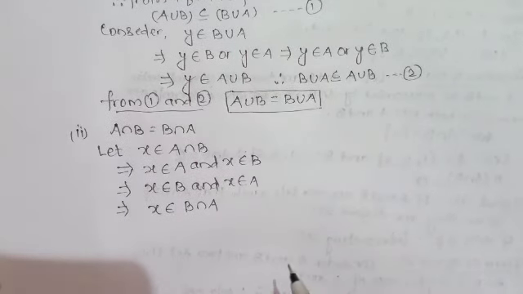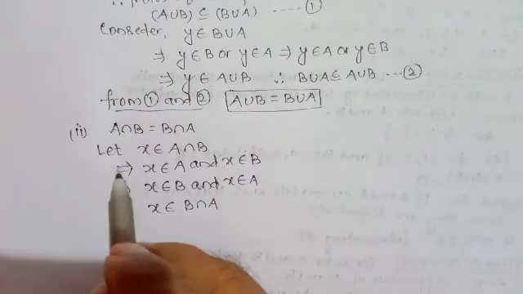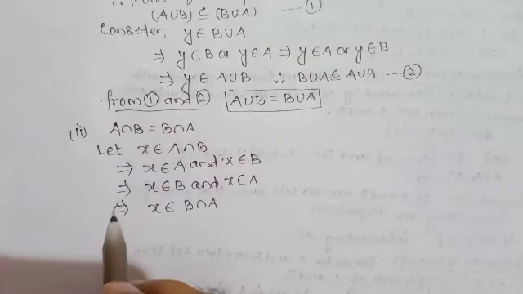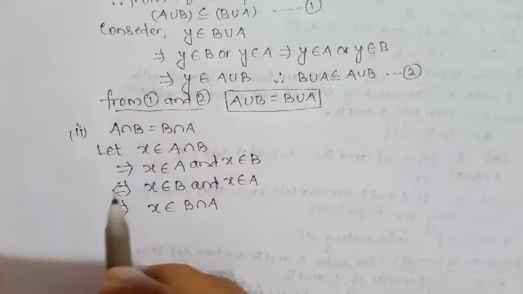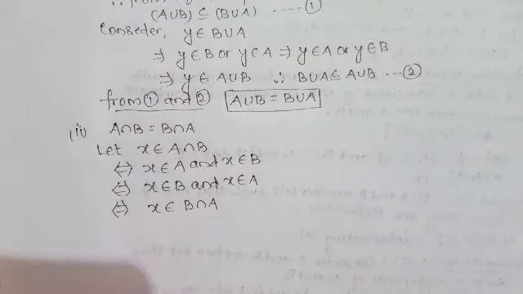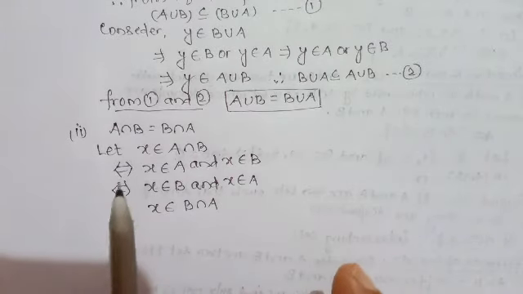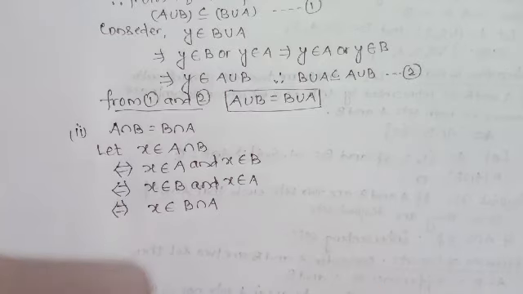Look, children, if you write implies and is implied by, this symbol is read as implies and is implied by.